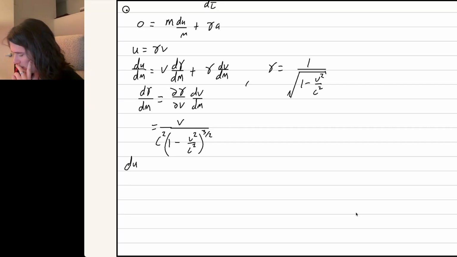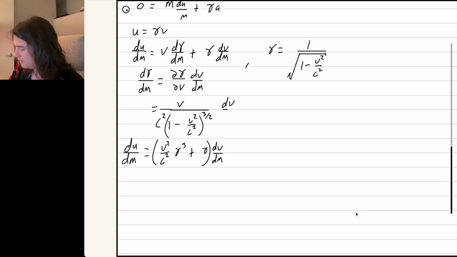Let's just plug this in then to the derivative of u. So it's going to be v squared over c squared. This is pretty much just gamma cubed. So it's v squared over c squared gamma cubed plus gamma, and both of these are multiplied by dv/dm, actually. Yeah.